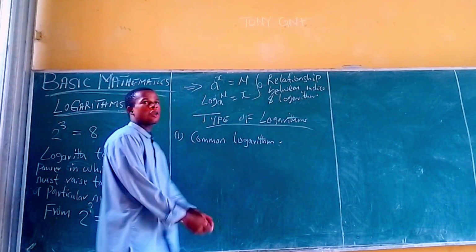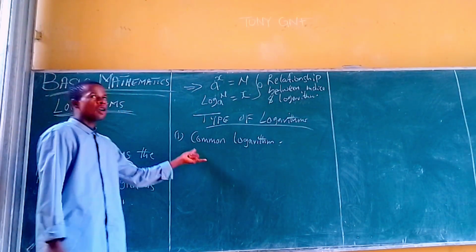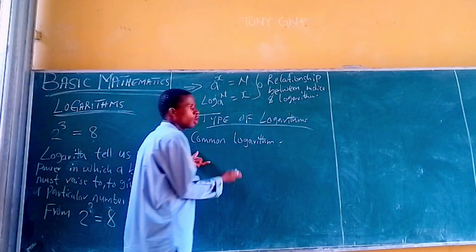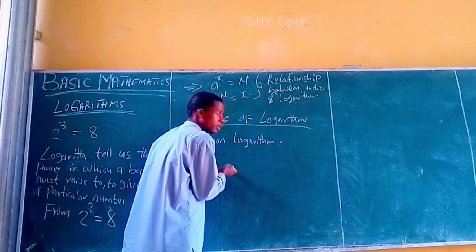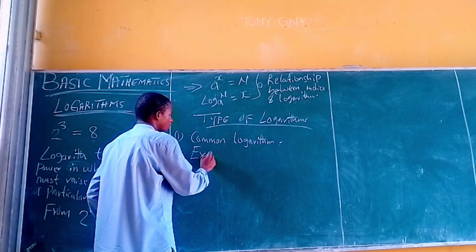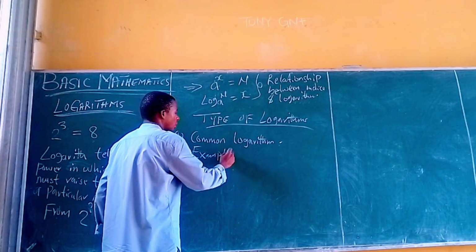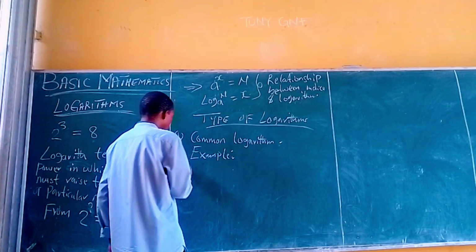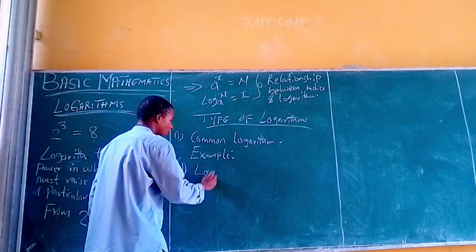Why is this called a common logarithm? It is called a common logarithm because the base is base 10. Let's look at example 1.